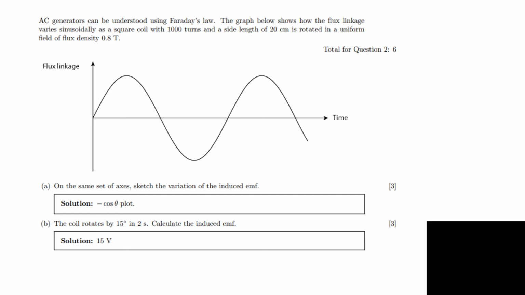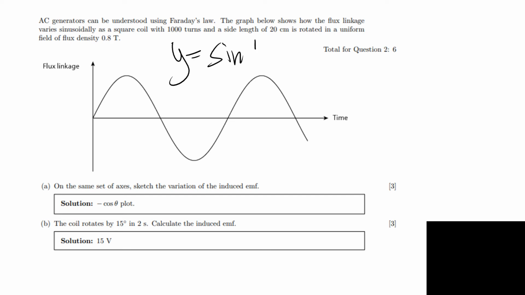law. The graph below shows how the flux linkage varies in a sine wave as a square coil with 1000 turns and a side length of 20 centimeters is rotated in a uniform field of flux density 0.8 teslas. Now, this looks like y equals sine x, right?